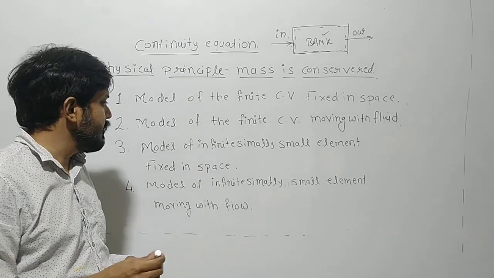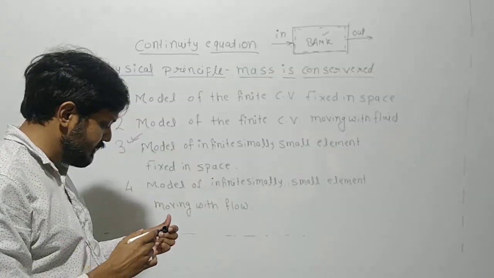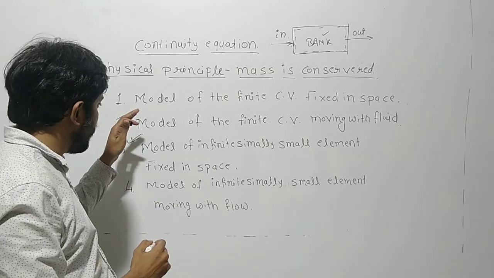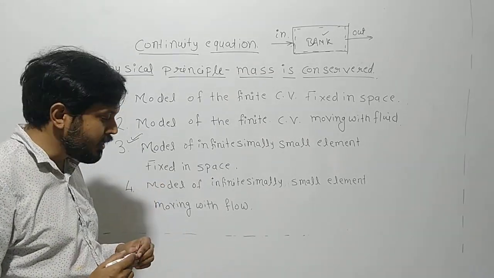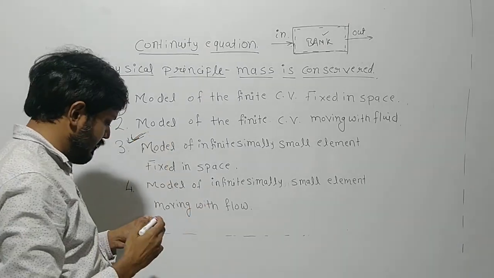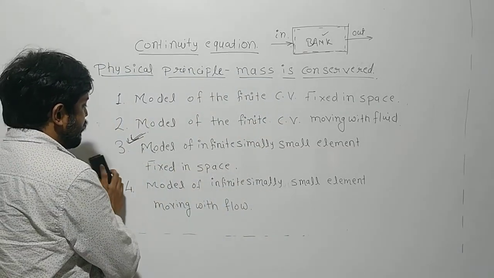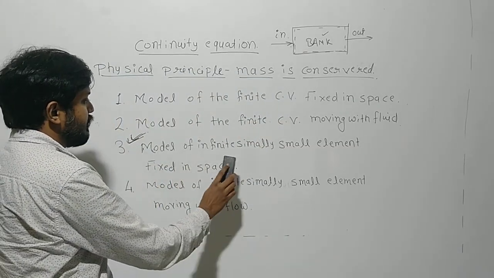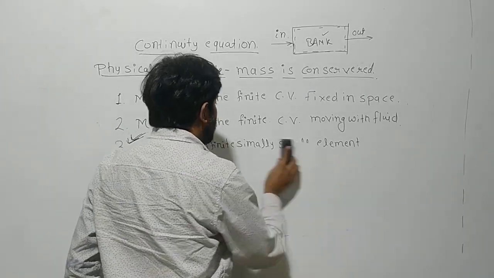For simplicity we first start with the model of an infinitesimally small element fixed in space. Although all the models are interrelated mathematically, we focus in a simple way. Wherever we understand simply and easily, that will be preferred.